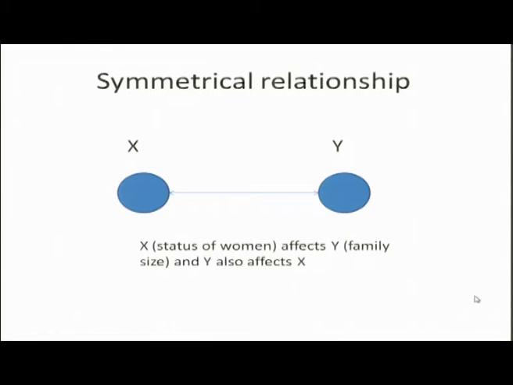This is a symmetrical relationship. X affects Y, the arrow shows the relationship on both sides, X affects Y and Y also affects X. The example I gave was that of the status of women. Status of women affects family size.